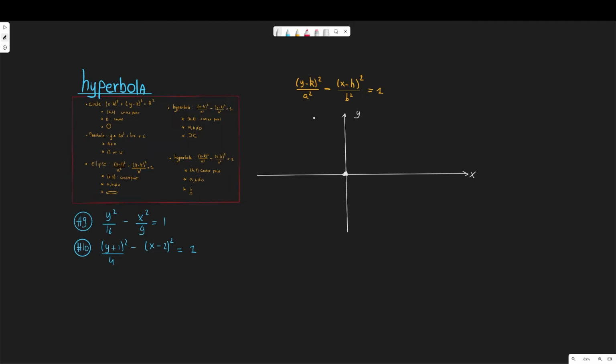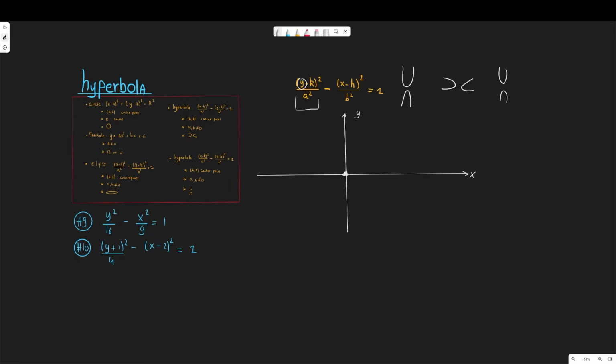So this time it will look something like this. And one way to remember whether it's this form or this form, well, look at the first term. It's in terms of y, as you can see right over here.